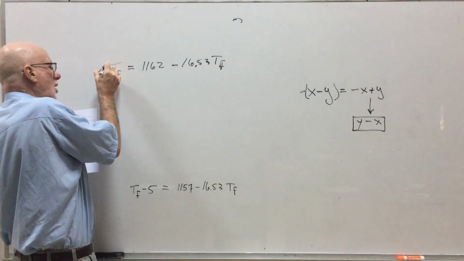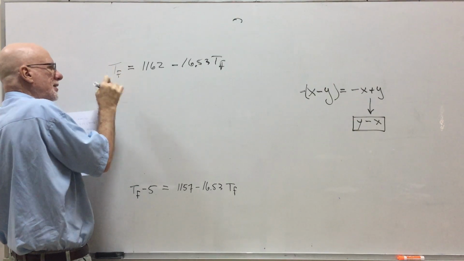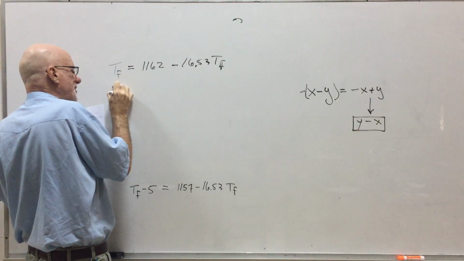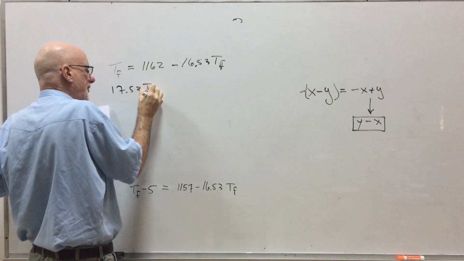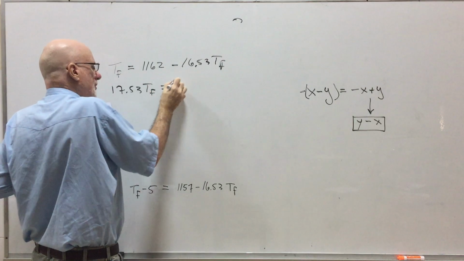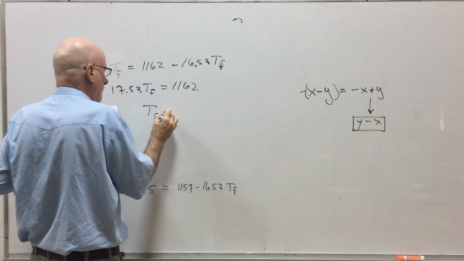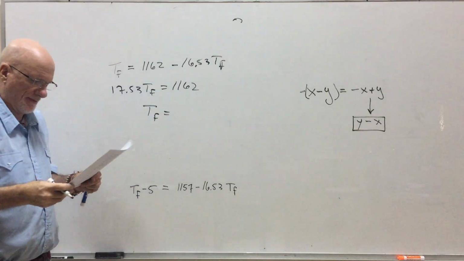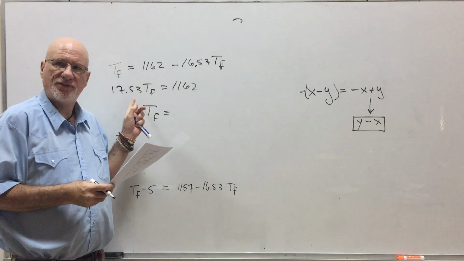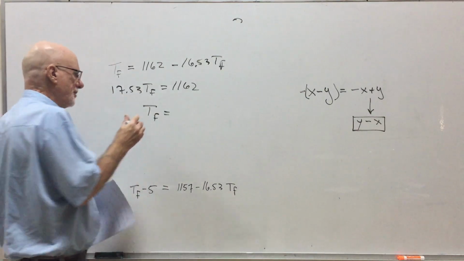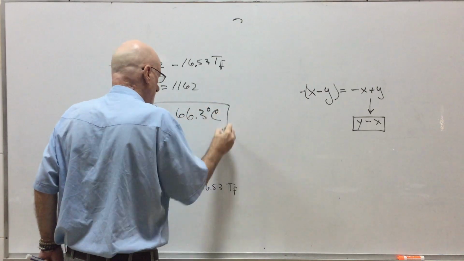So this is really 1, right? That's a 1. That's 1 TF, right? So if I add that, that's 17.53 TF equals 1162. So TF would equal 1162 divided by 17.53, and that's going to be 66.3 degrees Celsius.